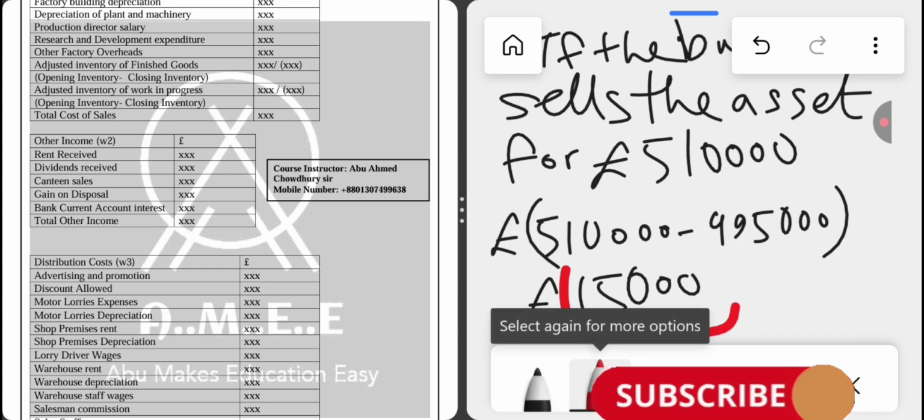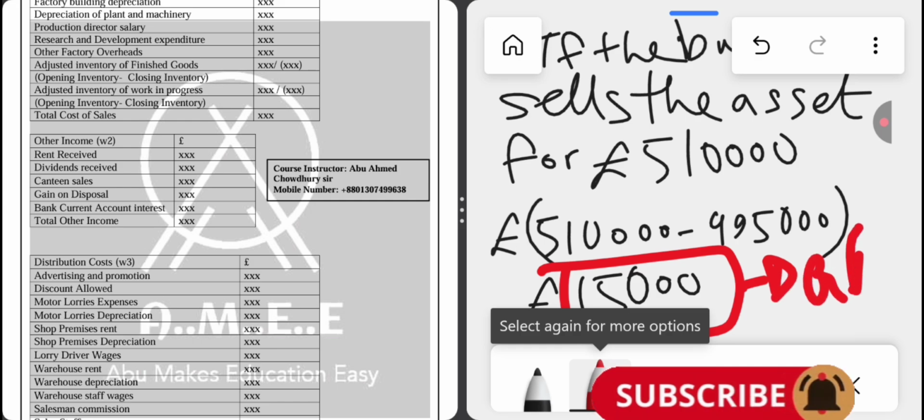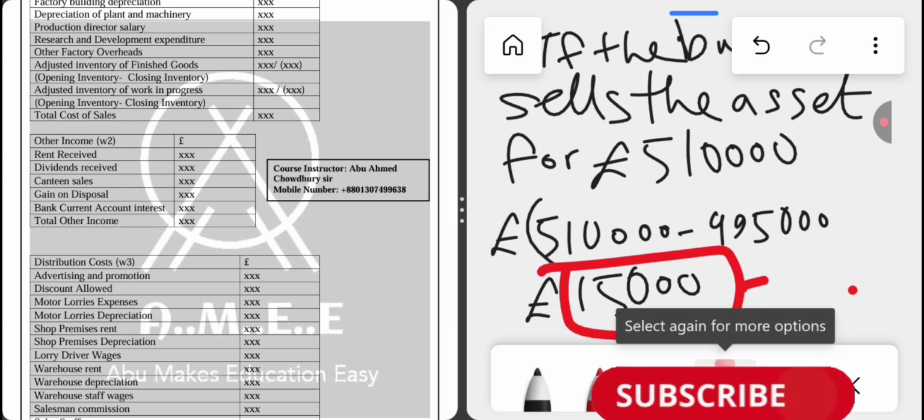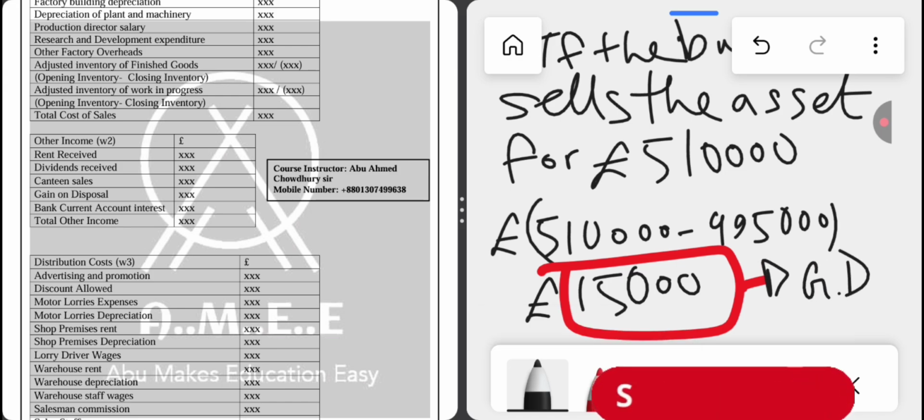This value, 15,000 pounds, is the gain on disposal, GD.